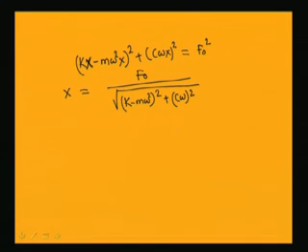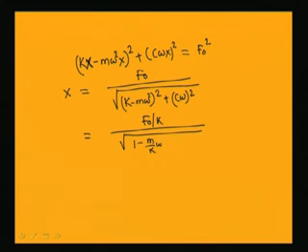Now one can divide k in both numerator and denominator and write this equation in this form. So, this will be equal to F0 by k, into 1 by root over (1 minus m by k omega square) whole square plus (c by k omega) whole square.